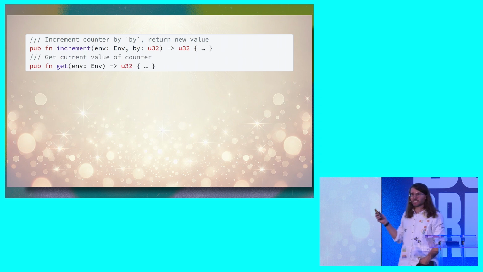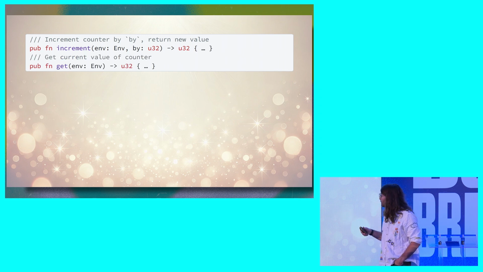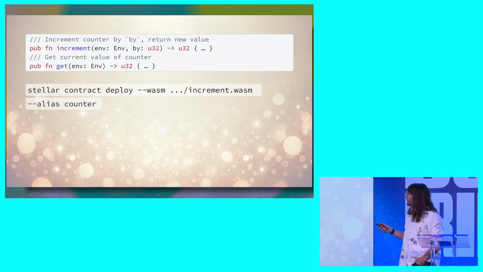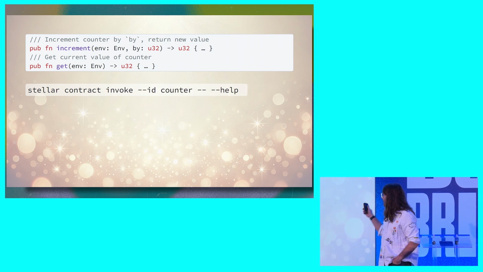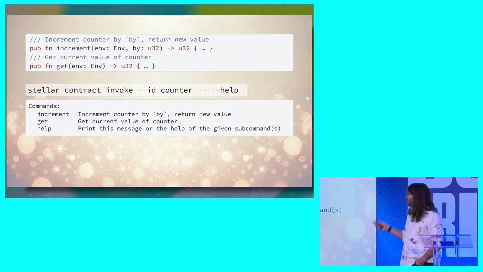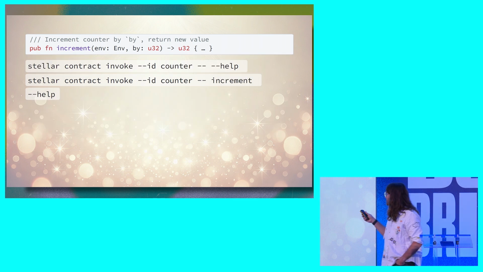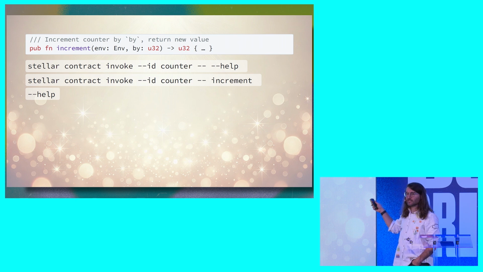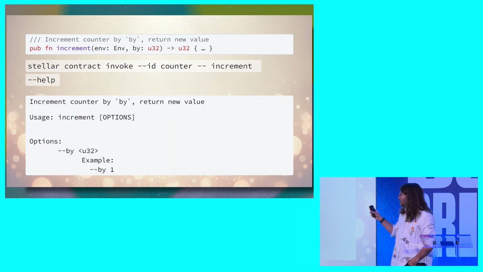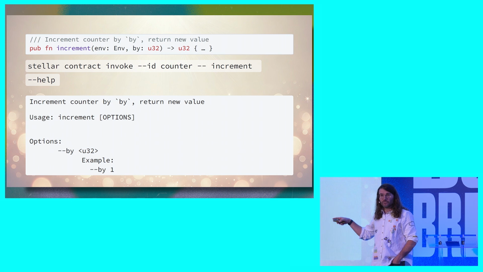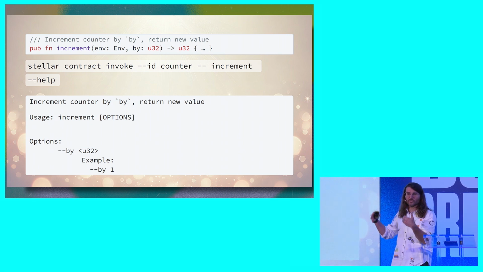So we'll add a get method, which is going to return the value of the counter. If we build and deploy and invoke, and now we do our --help, we'll see that we have 2 real methods, increment and get. And now if we do counter -- space increment --help, you even have the help information for all of those subcommands, for all of the methods in it, right?